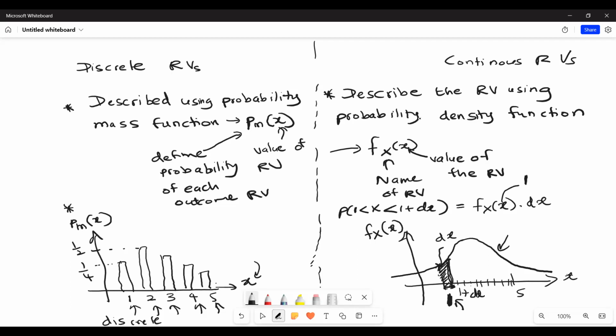So in general, we define the probability of getting any value using the expression that I will write next. You just need to substitute this 1 with the simple x. So these are, I think, some mathematical definitions.